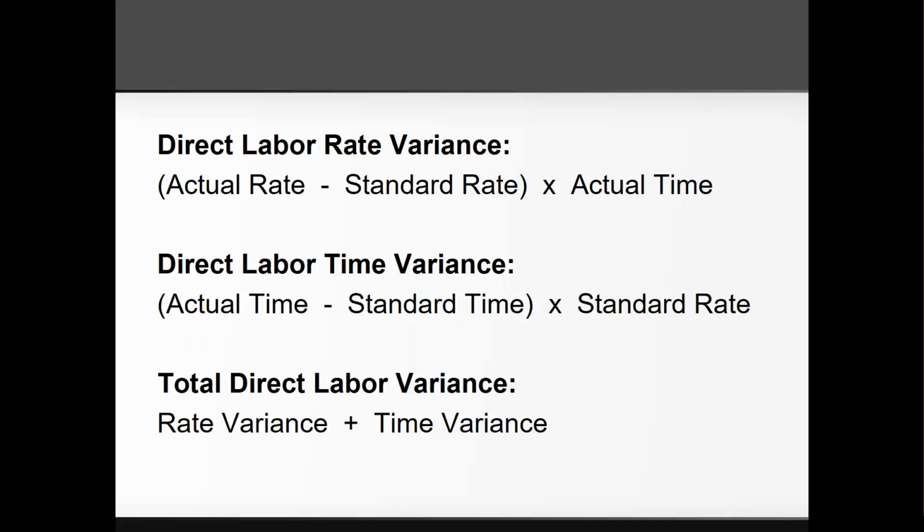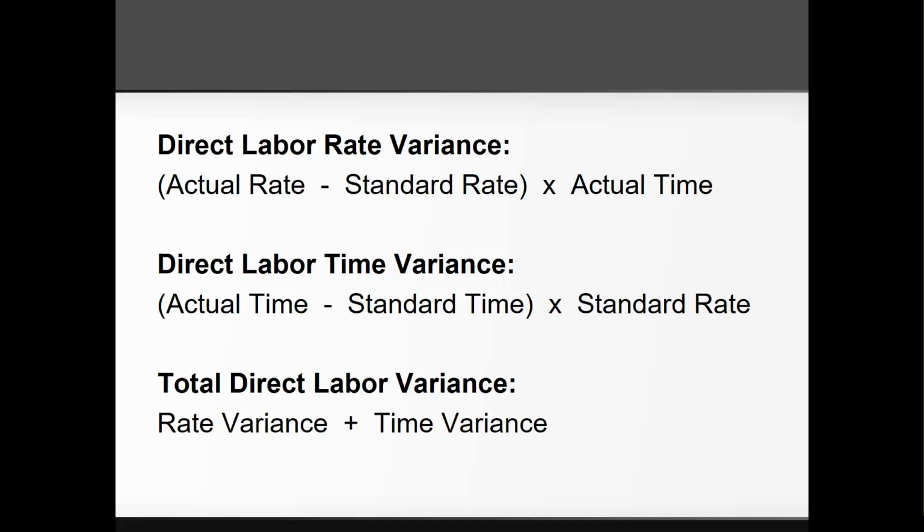The direct labor time variance is your actual time minus your standard time times your standard rate. This is going to break it down and show you how much of that variance is because of the difference in rate and how much of that variance is because of the difference in time. And then to get your total direct labor variance, you're going to add your rate variance plus your time variance.